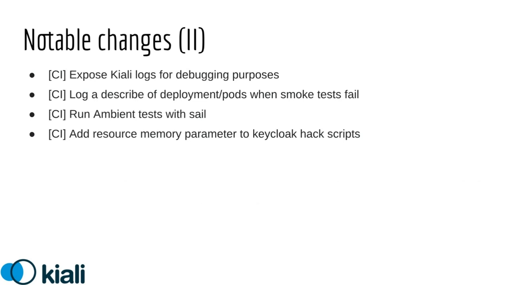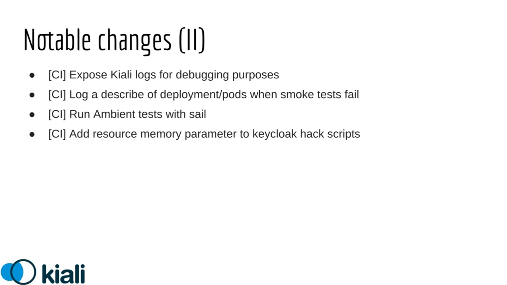Some other notable changes, in this case, are all related to continuous integration. One was to expose the Kiali logs for debugging purposes, so it's going to be easier to understand any failures in the logs. It was also included a log to describe deployments or pods when there's some failure in the smoke tests.